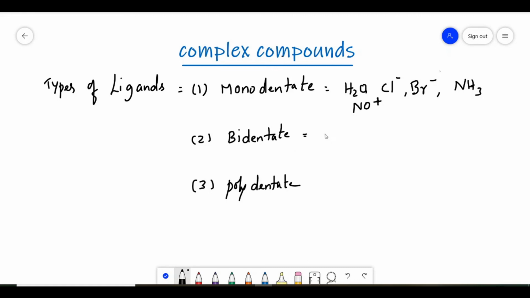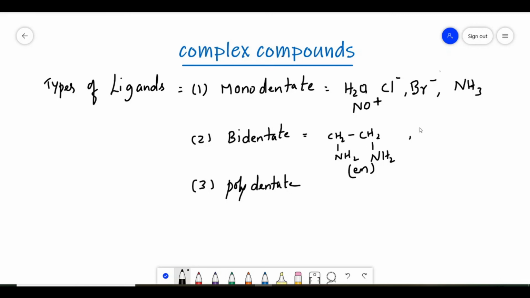An example for this is CH2-CH2 with NH2, NH2, which is simply denoted as en. Whenever en is given in a complex, it is a bidentate. It is bonded through two nitrogens to the metal, and its name is ethylene diamine, or you can also write 1,2-ethanediamine.